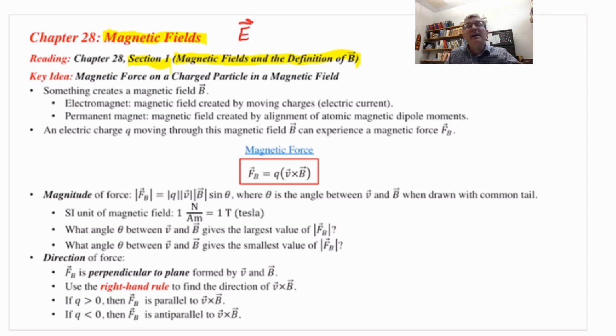And then if you bring in a particle with its own charge, Q, you can get an electric force, Fe, from the electric field using the simple old formula Q times E. Electric fields exert electric forces on charges. That's what we have been doing.